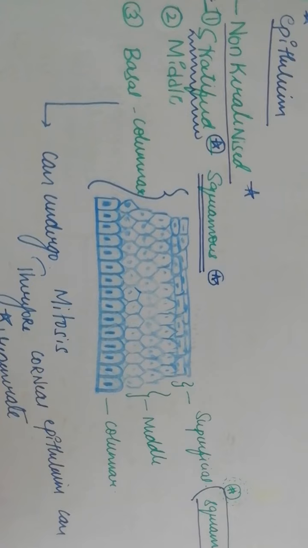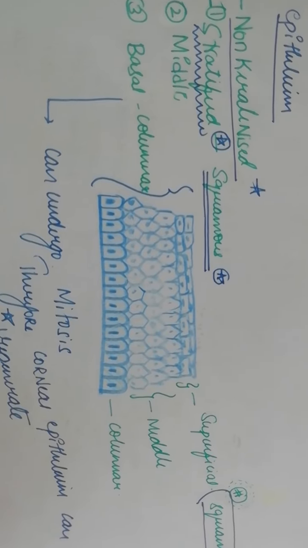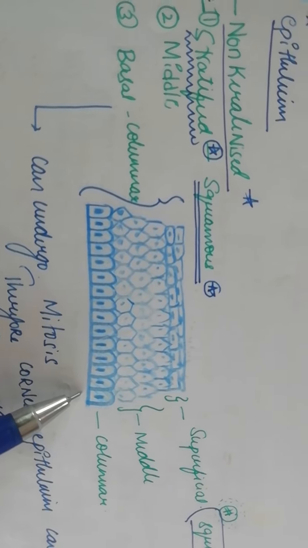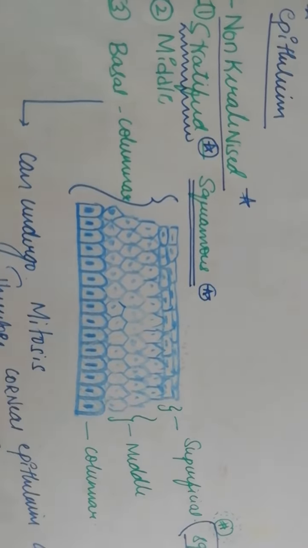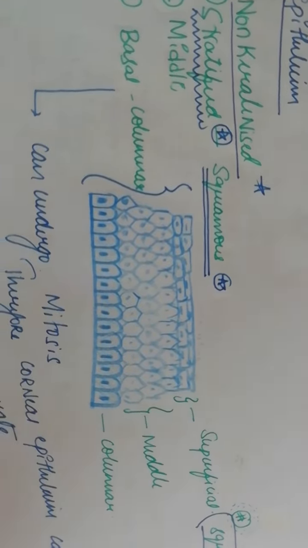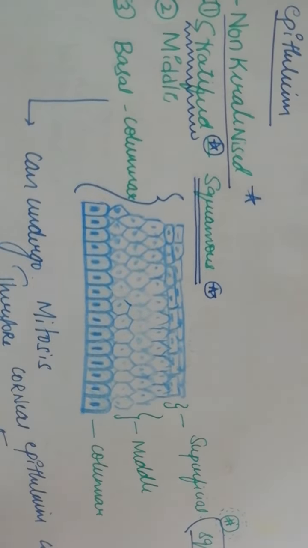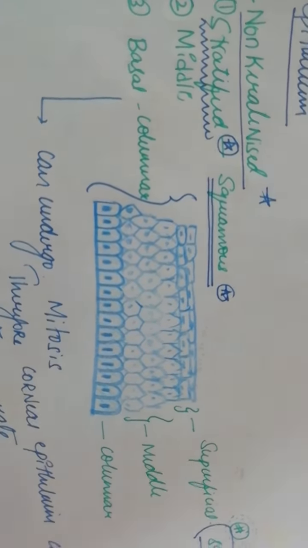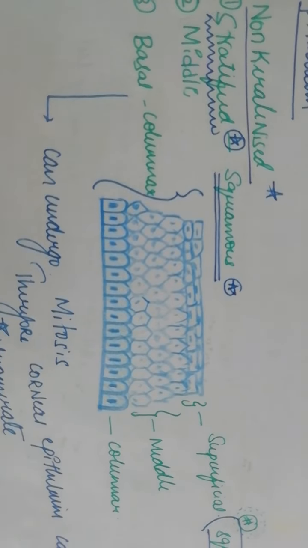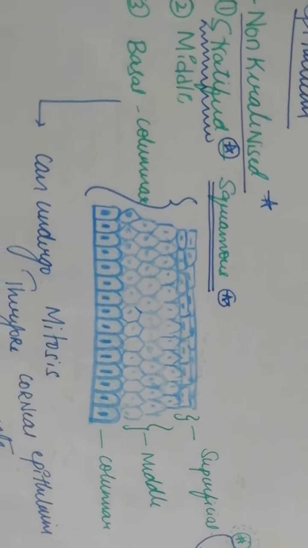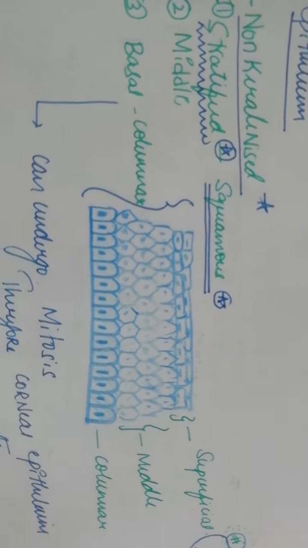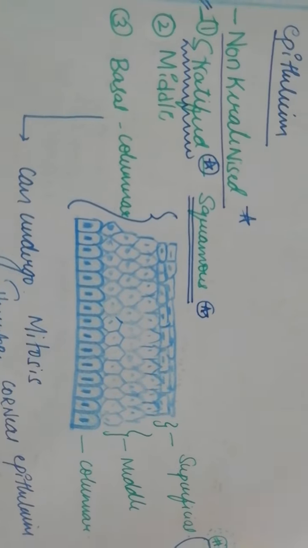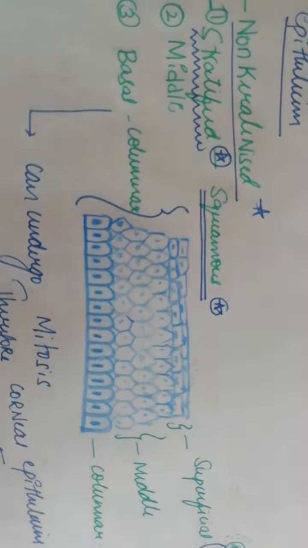The point we need to understand regarding the columnar epithelium is that the basal cells can undergo mitosis. This is a basal cell, and it undergoes mitosis. Therefore, the corneal epithelium can regenerate. For example, if there is some problem in the corneal epithelium, the basal columnar cells have the ability to regenerate. Since it can regenerate, the corneal epithelium can heal.